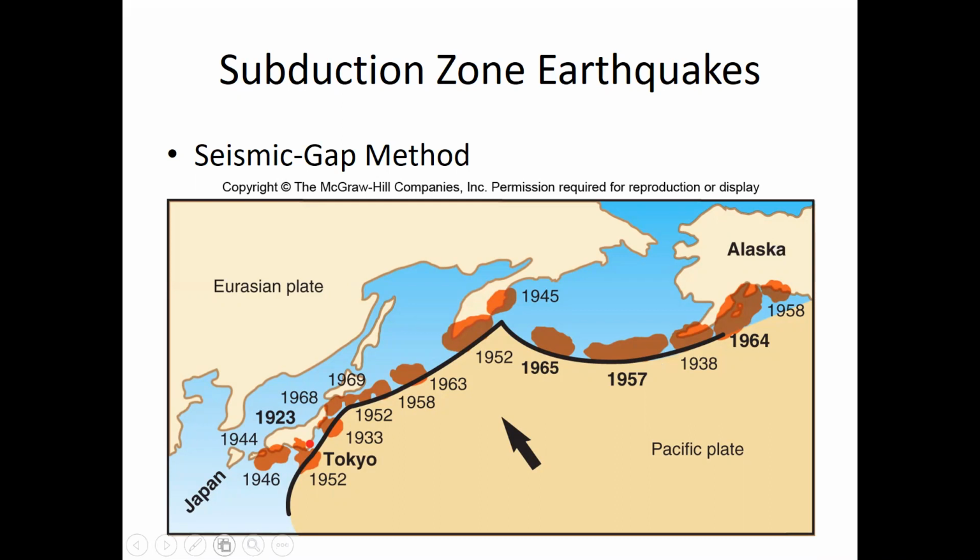So that's what we see in this figure here. The brown shaded regions are areas of the fault that have ruptured, and the number next to it is the year in which that rupture occurred.